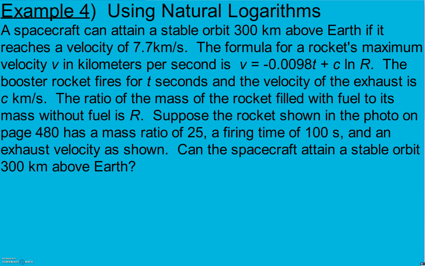So there's a ton of information here. We know that it needs to reach a velocity of 7.7 kilometers per second. And then we know some values here. We know that the mass ratio is 25, and that's our R. We know that the firing time is 100 seconds.